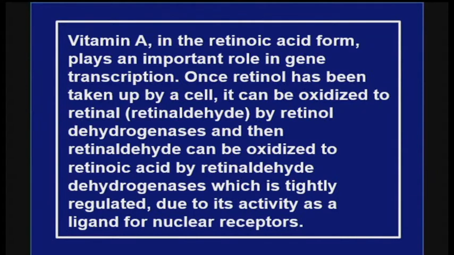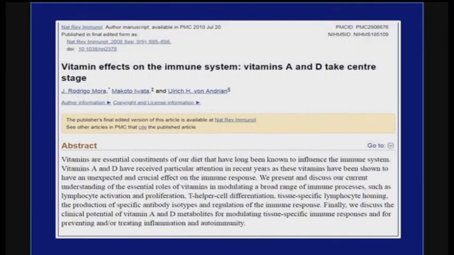So vitamin A in the form of retinoic acid plays an important role in gene transcription. Once retinol has been taken up by the cell, it can be oxidized to retinal or retinaldehyde by retinal dehydrogenase, and then further oxidized to retinoic acid, which is tightly regulated due to the activity of the ligand for the nuclear receptors. So here we see the vitamin effects on the immune system of vitamin A and D take central stage here.